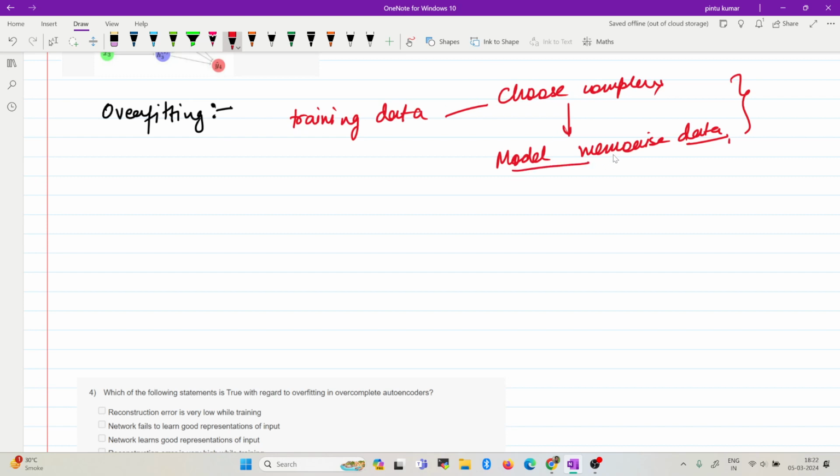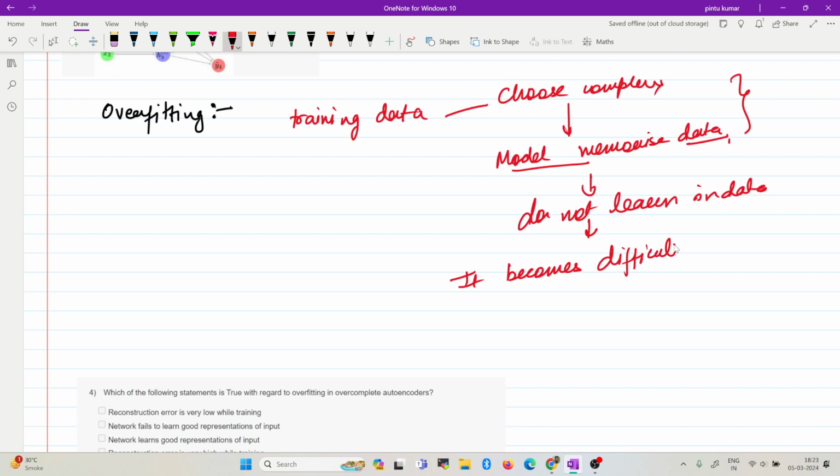When a model memorizes data and does not learn the pattern in the data, it becomes difficult for it to do well on unseen data. But the whole goal of machine learning or deep learning is to learn some pattern from data, so that when you encounter real world unseen data, you are able to make predictions based on whatever you have learned.